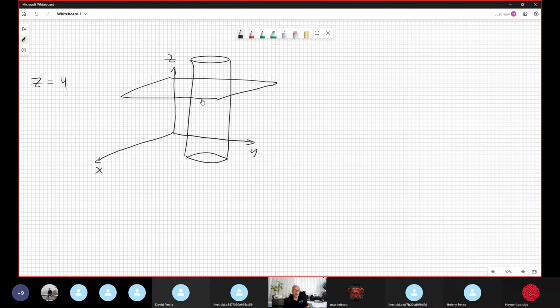And the intersection between the plane and the cylinder is a circle. It's obvious, no? But a circle in 3D, right? Entonces, to define the parametric, this is my goal: the parametric equation for this circle.